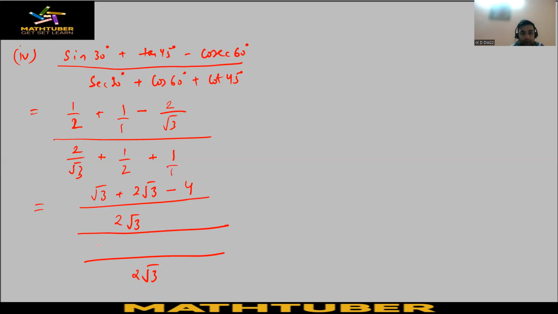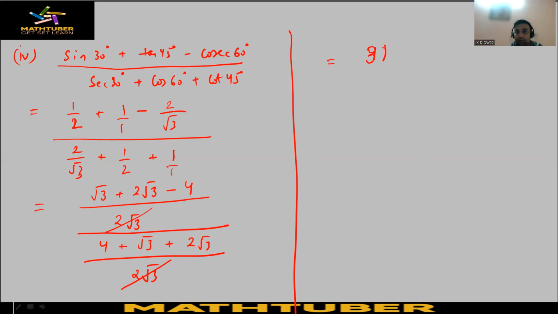So this will become 4 plus root 3 plus 2 root 3. So this 2 root 3 and 2 root 3 will get cancelled, and you will get the answer as root 3 plus 2 root 3 becomes 3 root 3 minus 4 upon 3 root 3 plus 4.